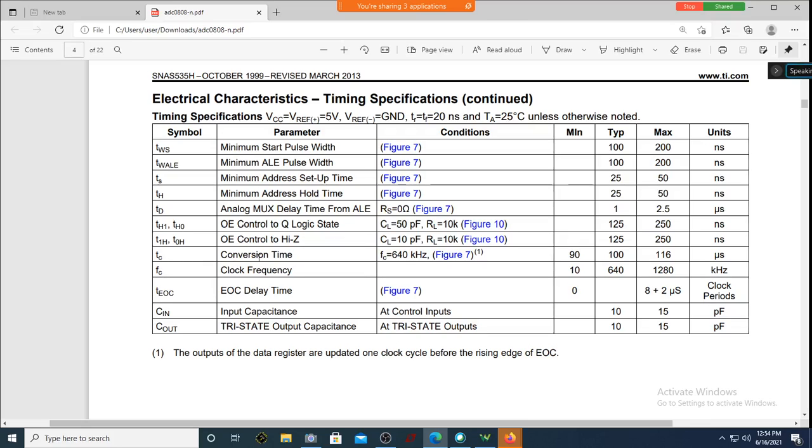If the frequency is 640 kilohertz, then it takes typically 100 microseconds, meaning the number of cycles required for converting analog to digital is 64 cycles.